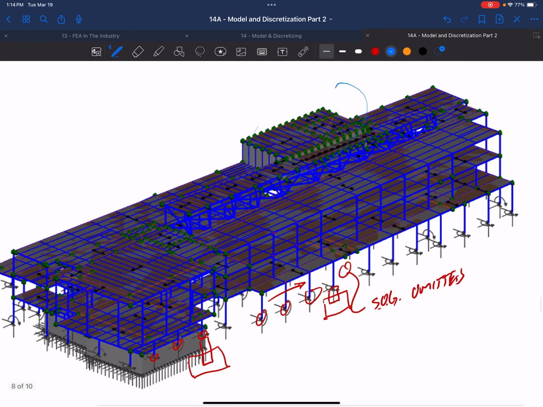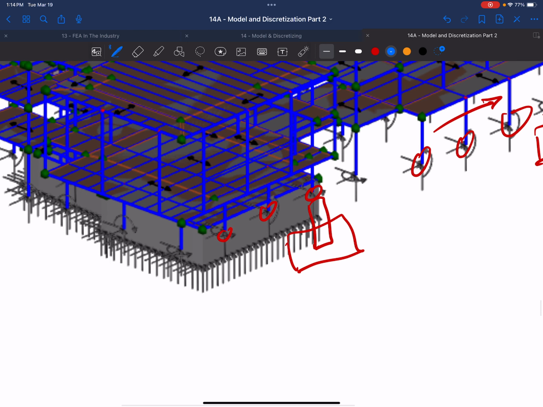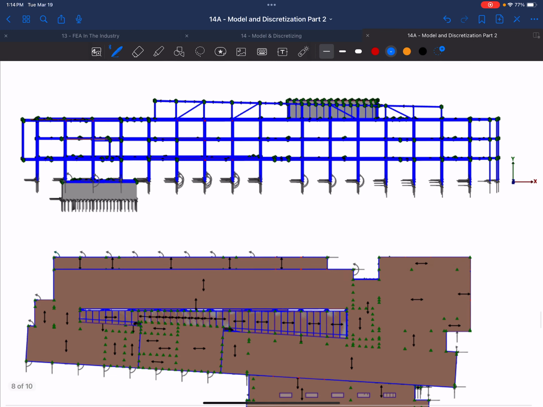You can see all these areas drawn with the span direction specified, depending on the direction of the deck. You can see how this isn't modeled deeper than the top of our foundation wall. And so all these members are sitting on top of this foundation, and then it's pinned at the base, right? Sometimes there's fixity on these columns, depending on which direction.